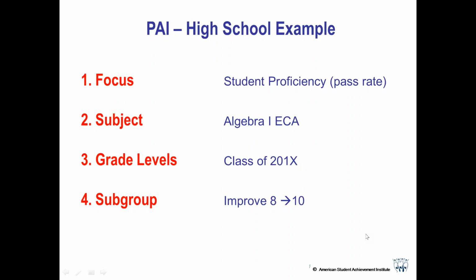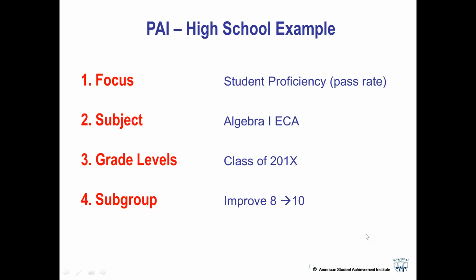That way I can follow that class to see what's the pass rate on Algebra 1 when they were in 8th grade coming into my school, what's the pass rate in 10th grade, what's the pass rate when they're in 11th grade, 12th grade. So with that same group of students in the class of 2018 or 2020, I can follow that group of kids and watch that percentage pass rate increase over the years with that same group of kids.